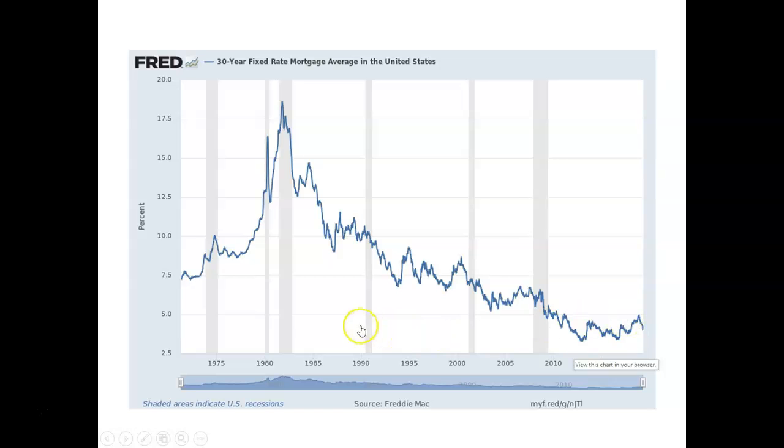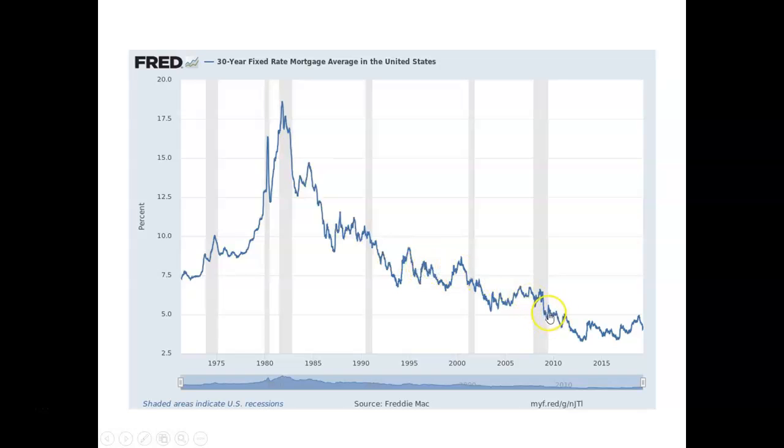If you look back in the early 80s, look at where the rates were. They were over 18% on a 30-year mortgage. And if you look back through the history here, we started around 7.5% back in the early 70s. Again, this chart starts back in 1971, April of 71. Those rates rose until around 81, 82, and then started to fall.